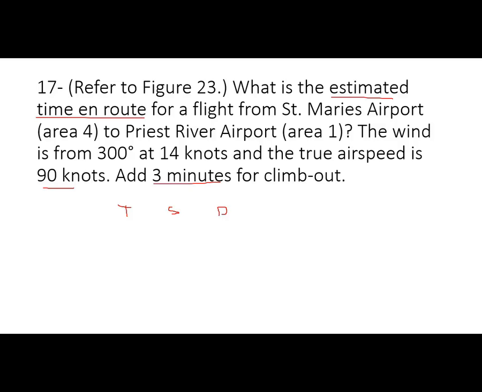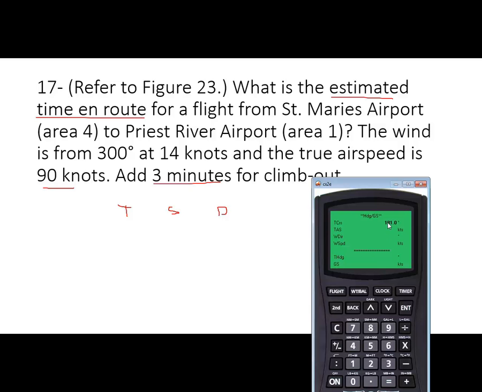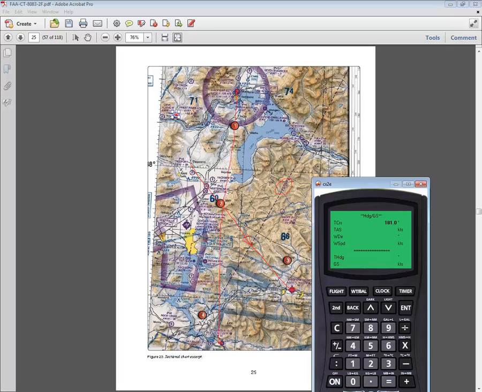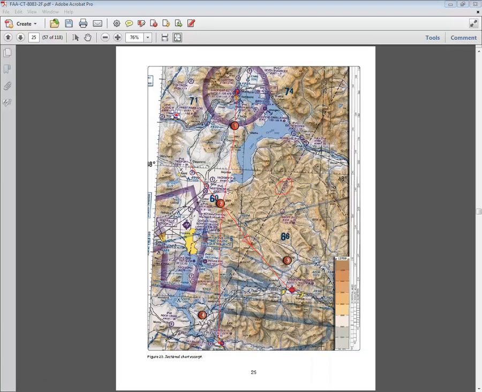And the way you'll do that is to type in all the information on the heading and ground speed calculation. You have to measure the true course with a plotter on figure 23. So you measure the true course between those two airports with your plotter, type it into your CX2, and then put in the rest of the information from the question.